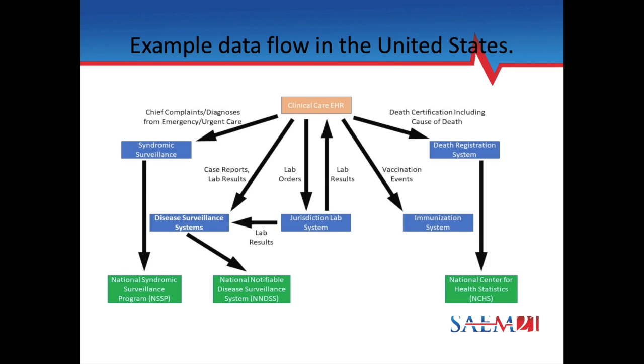The National Center for Health Statistics is where you look at mortality, and that is where I got that data. But if I was looking at different variables for different reasons, then I would look at, let's say, national syndromic surveillance and national notifiable disease surveillance. That is if you're reporting any reportable disease. In our jurisdiction, STIs are more common.